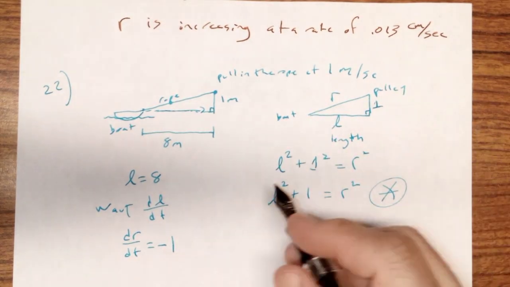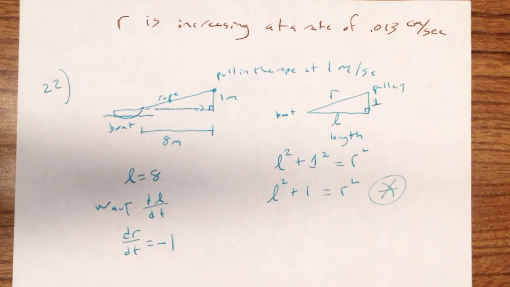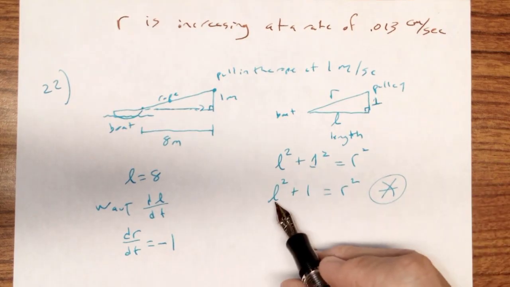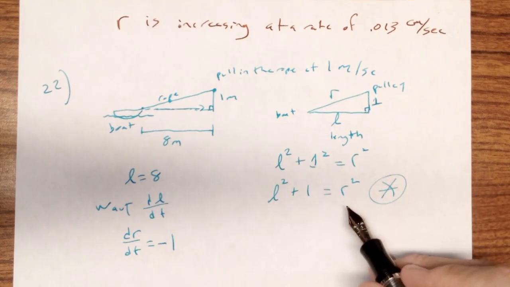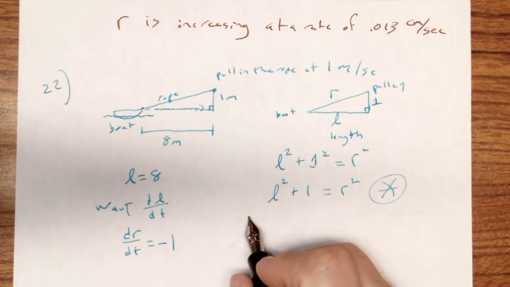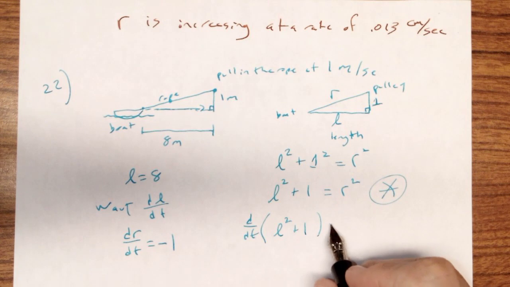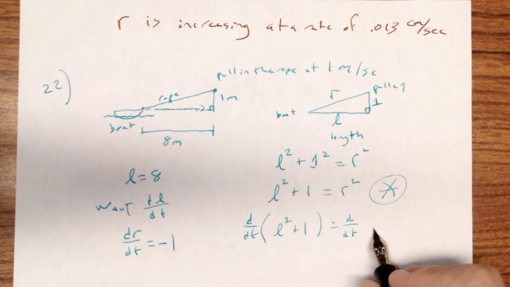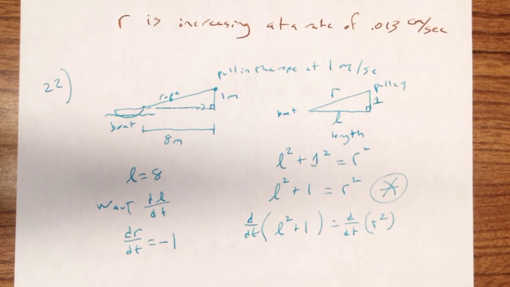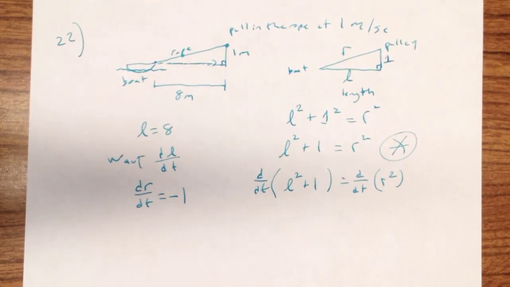Okay. If this is the equation that relates my quantities, I need to take the derivative with respect to time. I am assuming that L has t's in it and that R has t's in it, because that's what it means to be a function that changes with respect to time. So I take the derivative with respect to t on both sides. Chain rule, chain rule, chain rule.